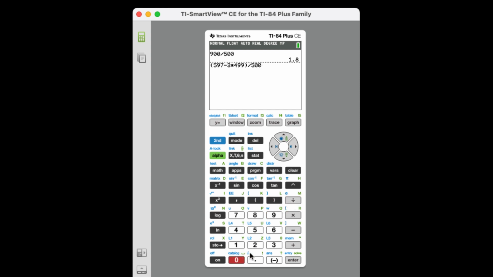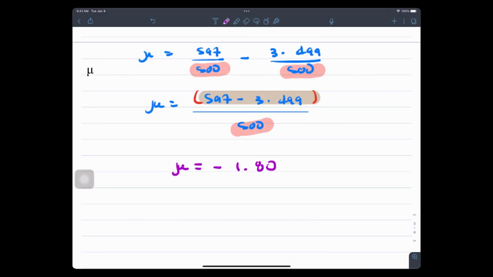And what happens now? Do you guys know? What do you think we just got? This is negative point 80. Mu is negative 1.8. Sorry, negative 1.8.